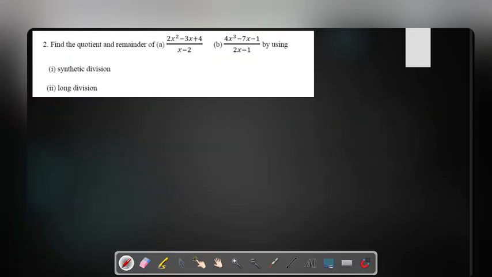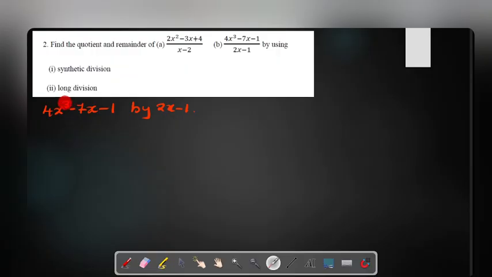Then our last equation is 4x to the power 3 minus 7x minus 1, divided by 2x minus 1. So we'll start with synthetic division. For synthetic division, we always check for the highest power. The highest power is 3.